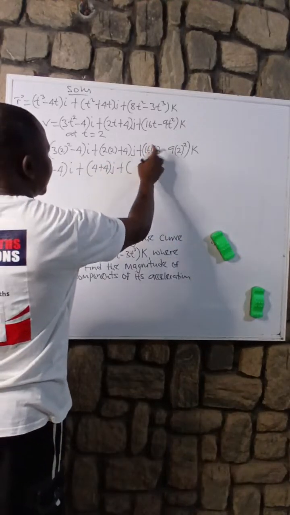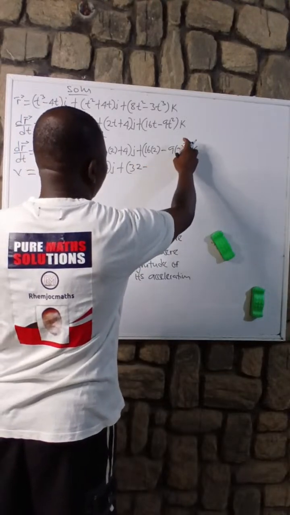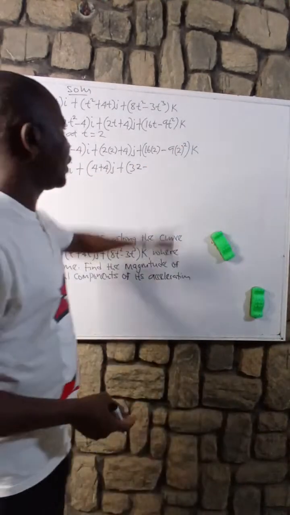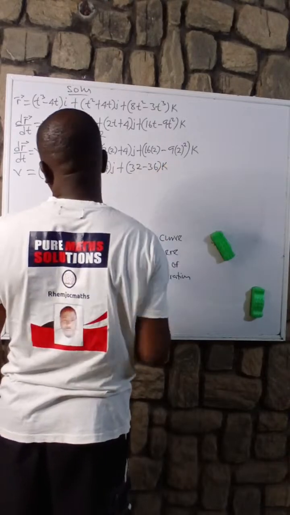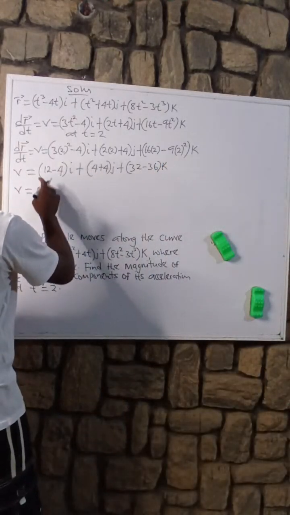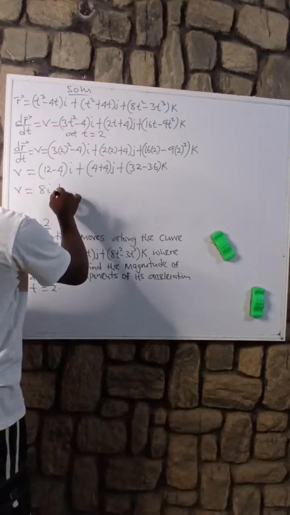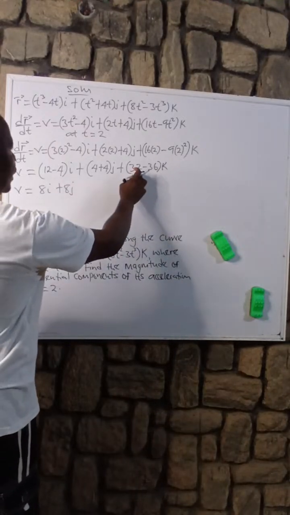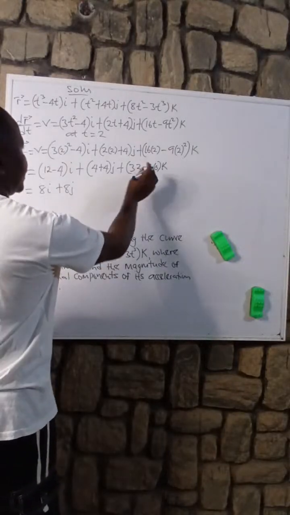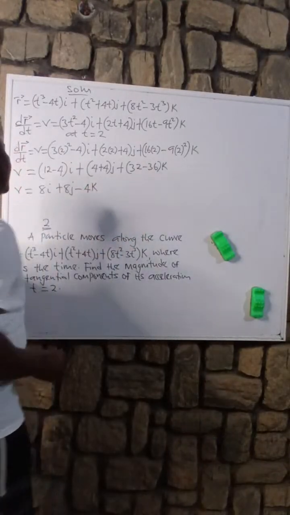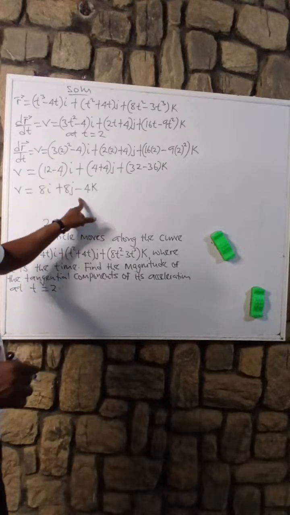Then plus 16 times 2, 32, minus 4 times 9, which is 36, k. So 12 minus 4 is 8i, plus 8j, then 32 minus 36 is minus 4k. True or false? So the velocity at t equals 2, we obtain this vector.